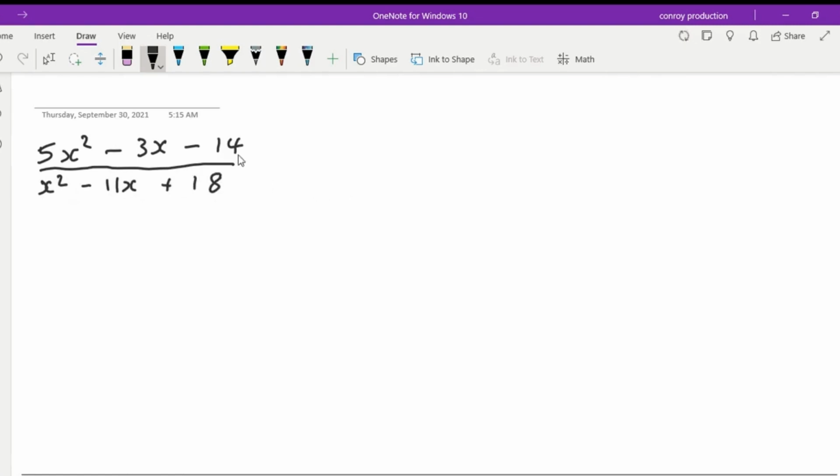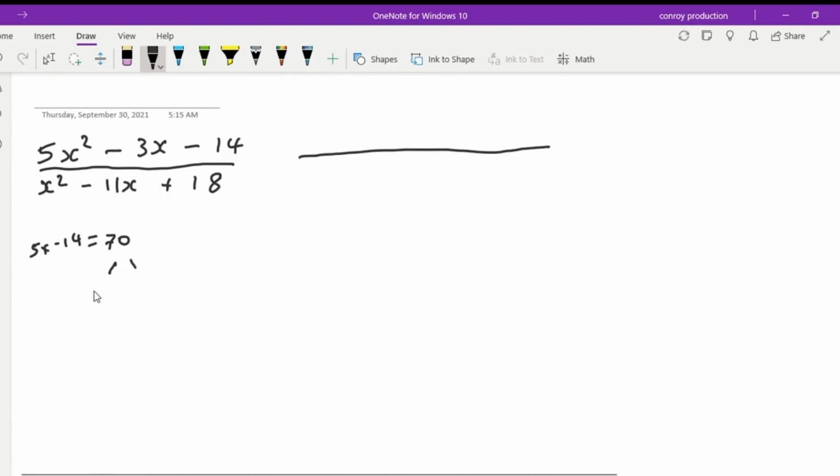Alright. We know we have to multiply a times c. A times c, write it below here, which is our 5 times our negative 14, that gives us negative 70. Two factors of 70 that when added will give us negative 3.